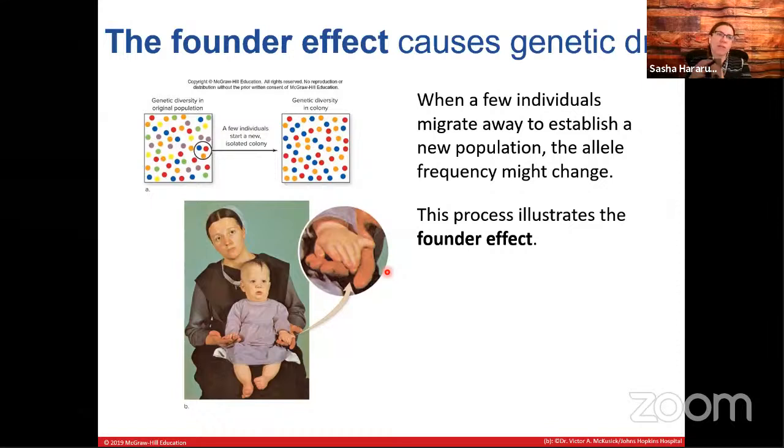So there's something called a founder effect that causes genetic drift. Let's imagine we have some genetic diversity in the original population. Let's say a portion of the population has left the old population and emigrated into a new habitat.